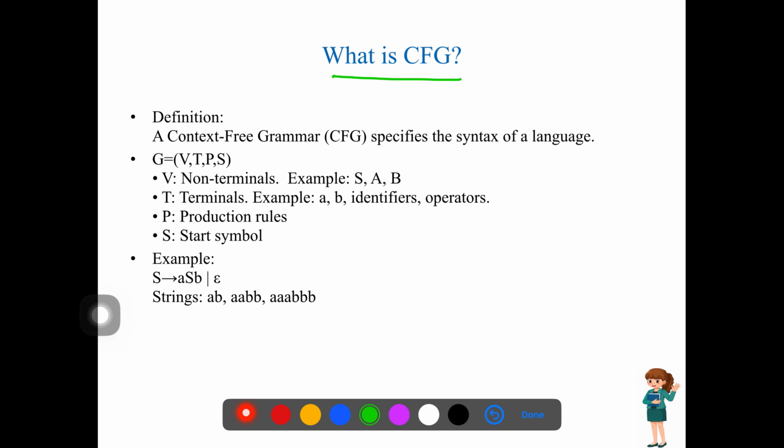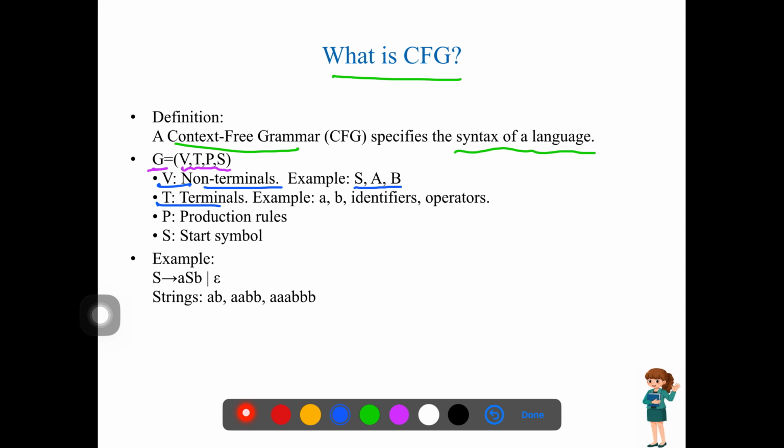Context-free grammar. What is context-free grammar? It is a mathematical model used to define the syntax of the language. A context-free grammar is represented as G equals (V, T, P, S). V is a variable or non-terminal, which is represented like S, A, B, capital letters.